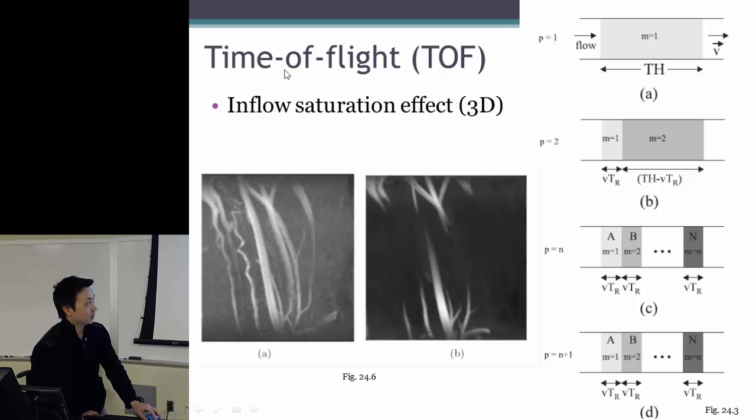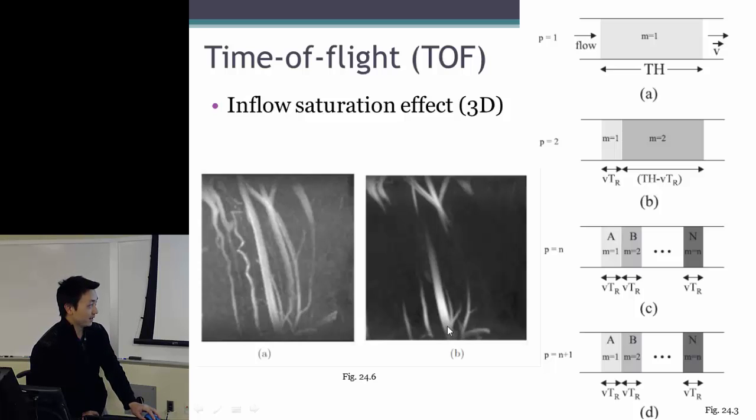But if we simply use the total slice thickness, a very thick imaging slab along this direction, the blood flows in from below, which is the arteries from the heart up to the brain, and the veins flow down from the head to the heart.